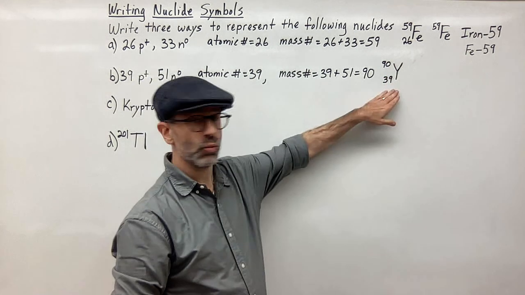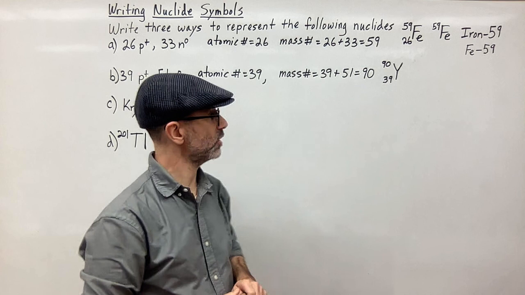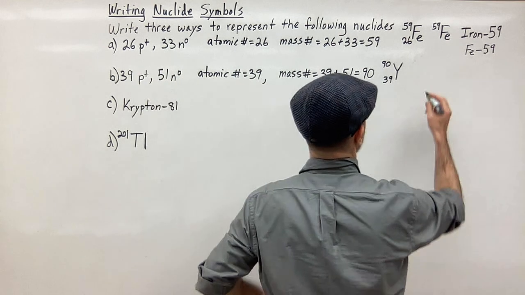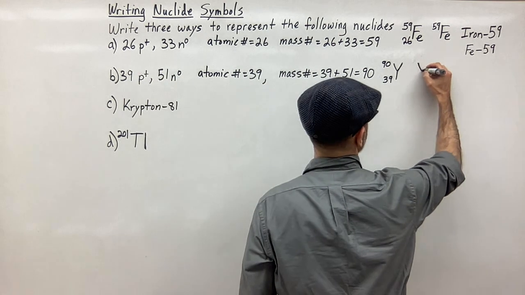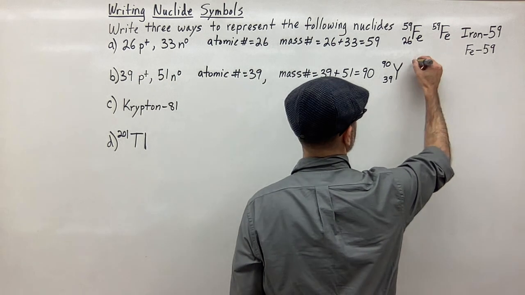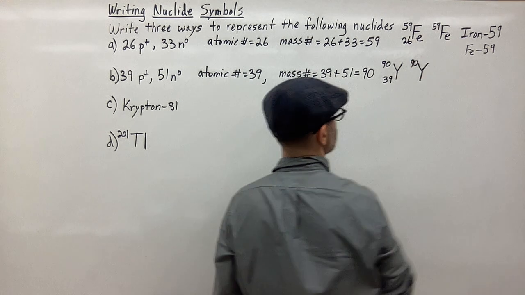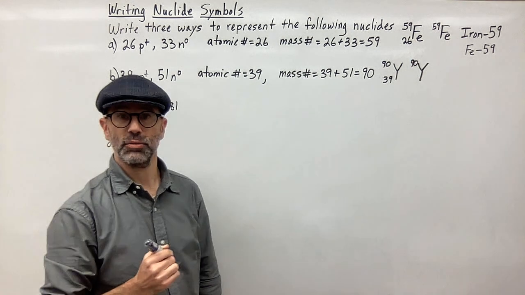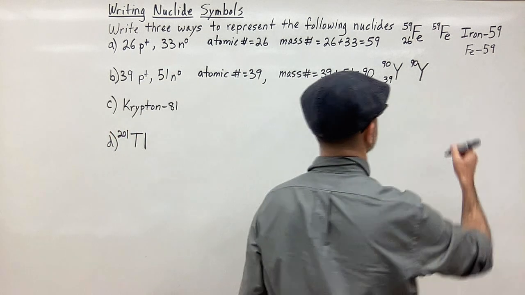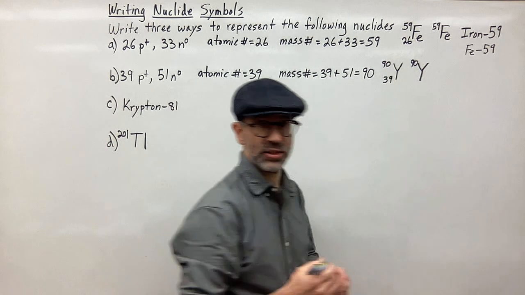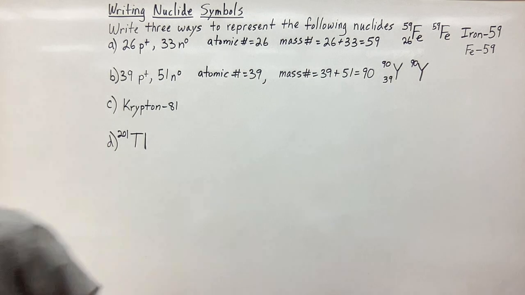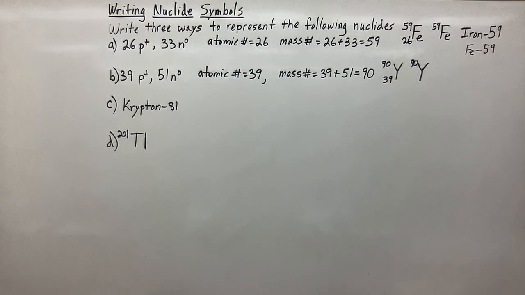So again, that's one way to do the symbol for the nuclide. And then the other way is to have this symbol with only the mass number. So that would be a second way. And then the third way is to write the name. Let me double check on the spelling of the name here.